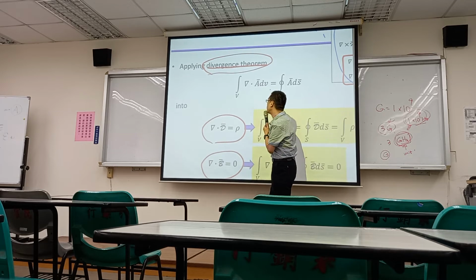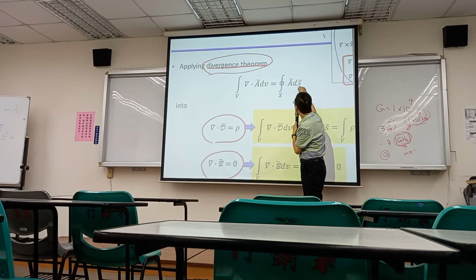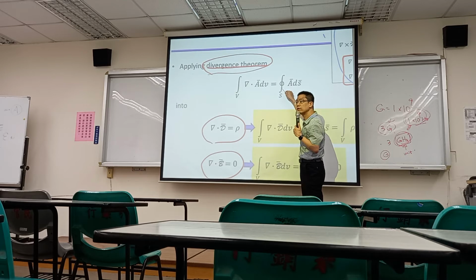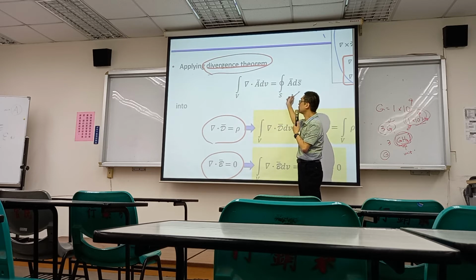The result will become the vector A and a closed integration of the surface, 面积分，这是封闭的面积分。The closed surface integration. You understand? Can you understand this vector identity?